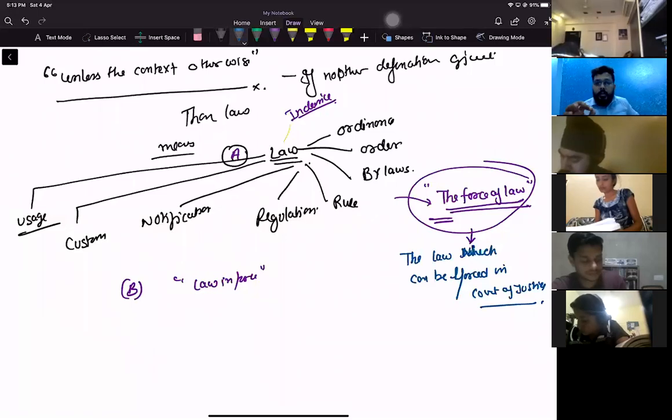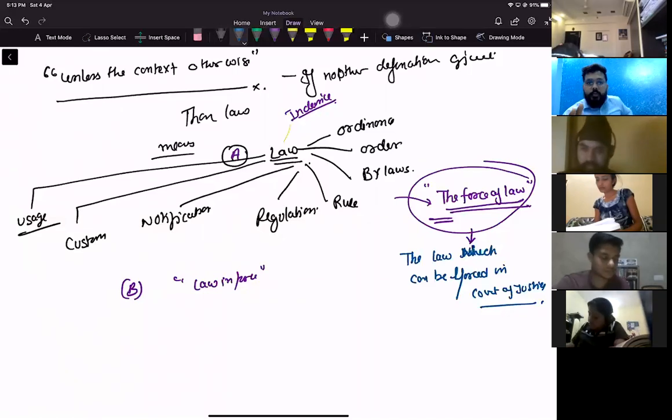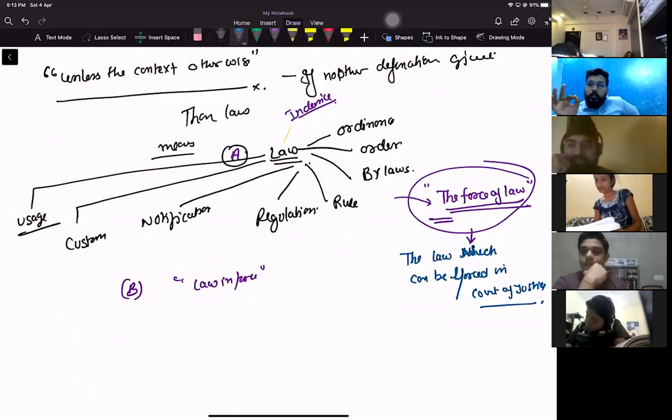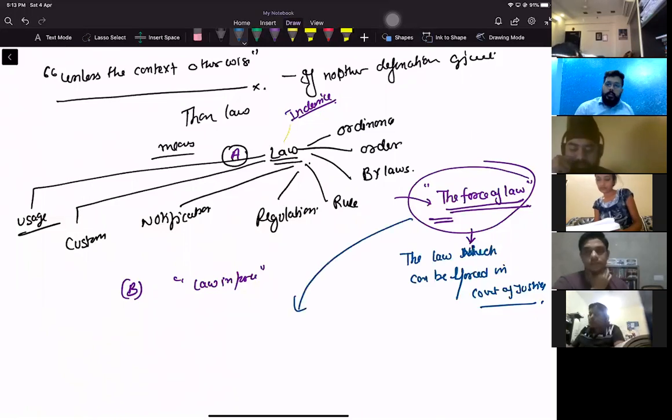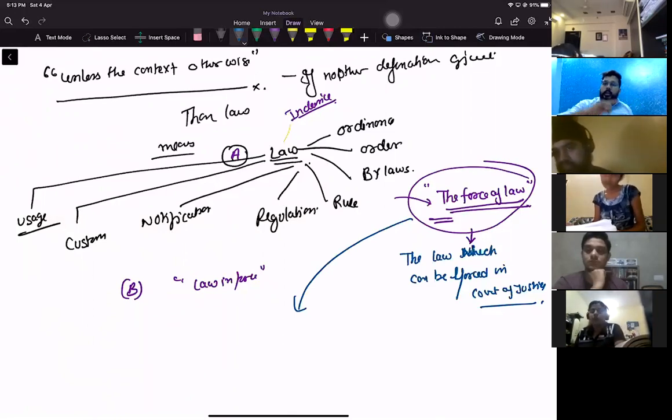That means any ordinance, any order or any bylaw, any rule or regulations or notification or custom or usage which can be enforced in the court of justice, that is, against which remedies are available in court, will be considered as law. So basically the force of law means those above given systems which can directly be enforced through courts.